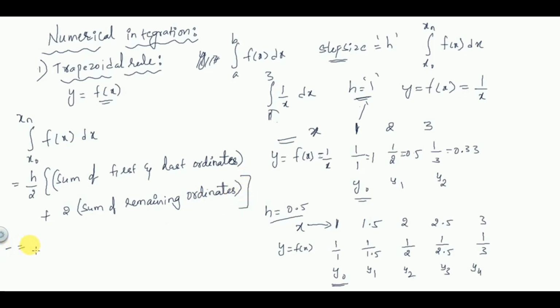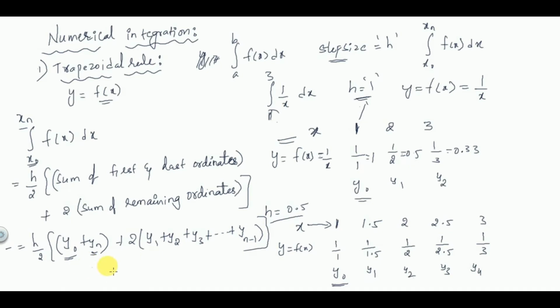So this is equal to h by 2 into y0 plus yn, because if x0 is the initial value, its corresponding value is y0. If xn is the final value, its corresponding final value is yn, plus 2 into the remaining values, y1 plus y2 plus y3 and so on, plus yn minus 1.